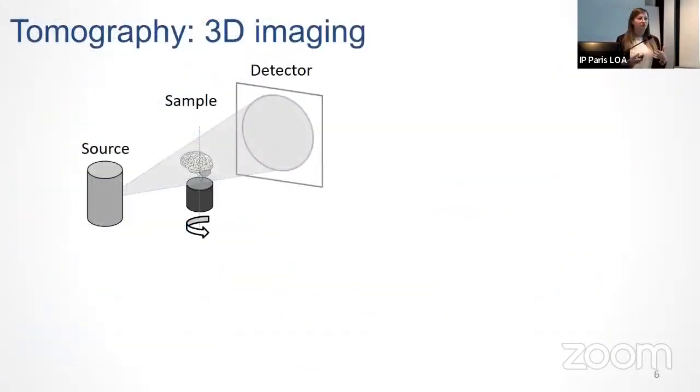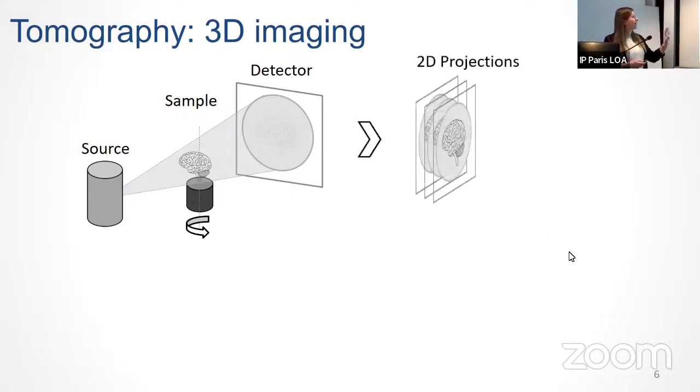So we can introduce how tomography works. It can be performed with many kinds of sources. As you can see here, we have the source, the sample that is put on a rotational stage, and a detector. What we do is acquire many images of the sample while it rotates.